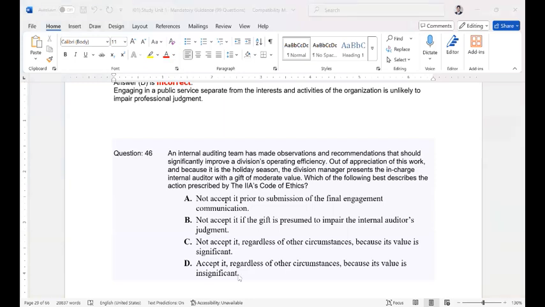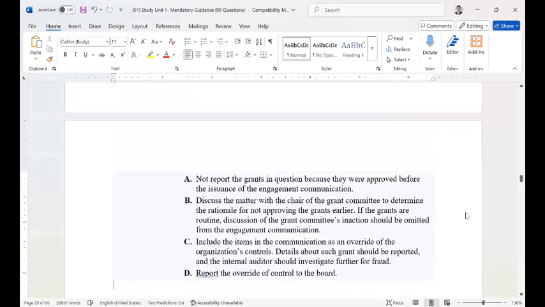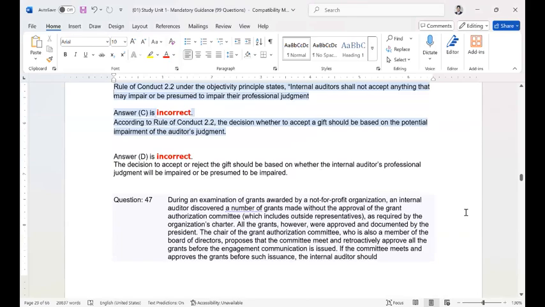You can accept it if it's minimal? No, you should not accept it, regardless of other circumstances. C and D say the value is significant, or moderate, so they look as if they're not correct. Not accept prior to submission? No. Prior to submission of the final report, after submission, after 6 months, after issuing the report, still you shouldn't accept. Next year you will have to do another audit. Do not accept if it's presumed to impair the internal judgment. So I think B, yeah, B. That may impair or presume to impair, that is perception. Right?